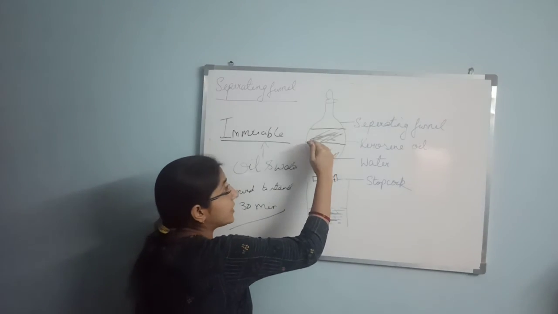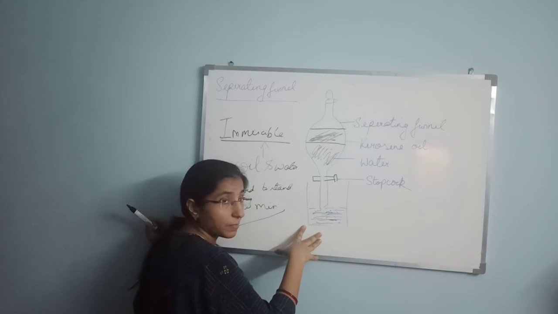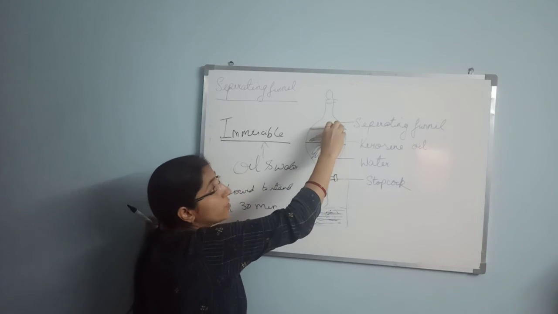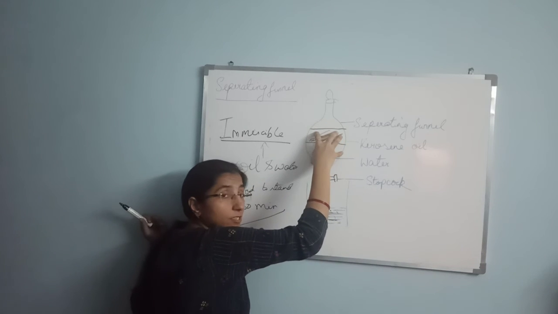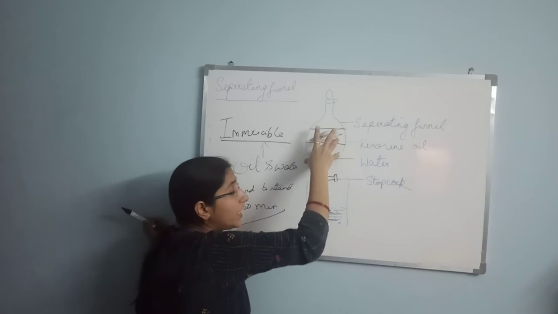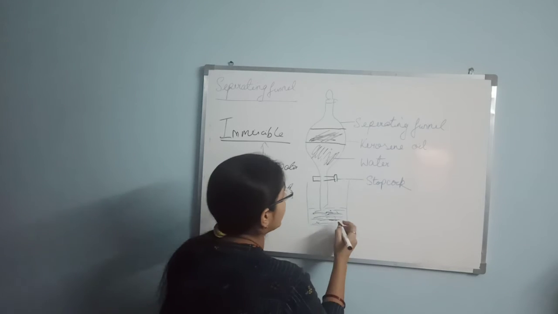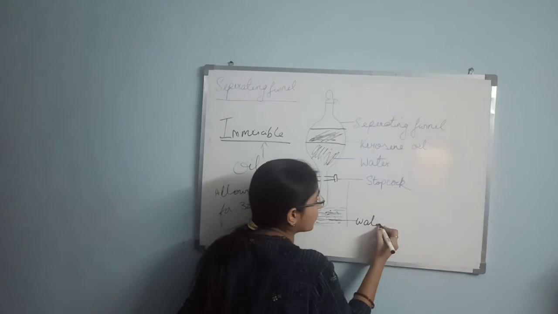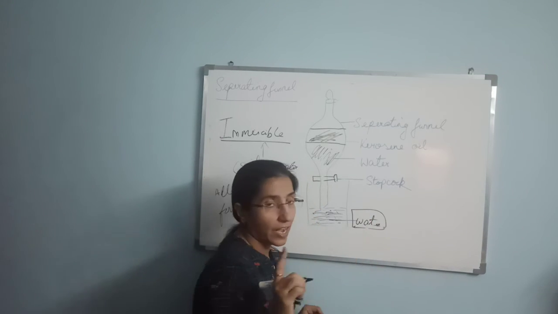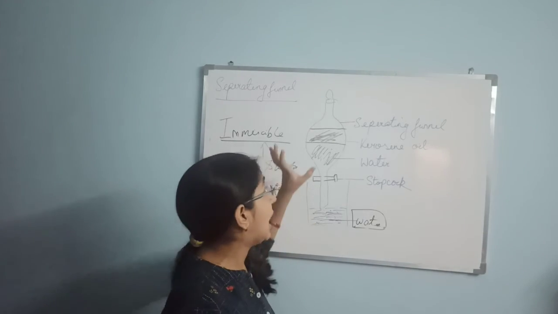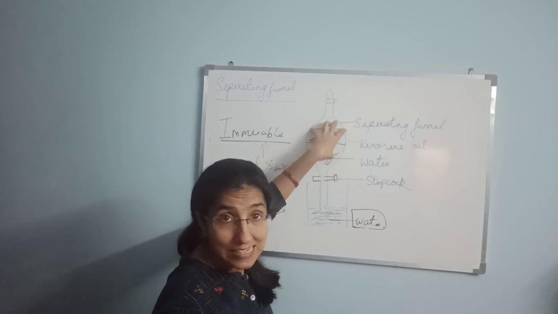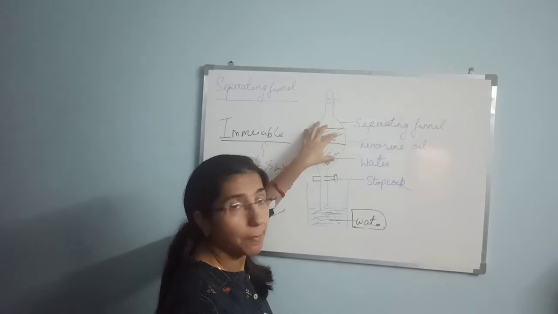When we see that all the water has been taken into the beaker, then close the stopcock. Then in the separating funnel there will be kerosene oil, and in the beaker there will be the water. So the liquid which has high density is separated out first into the beaker, and the oil which has less density remains in the separating funnel.